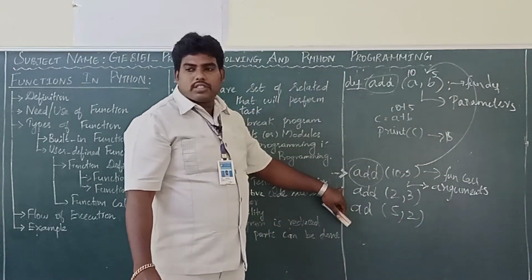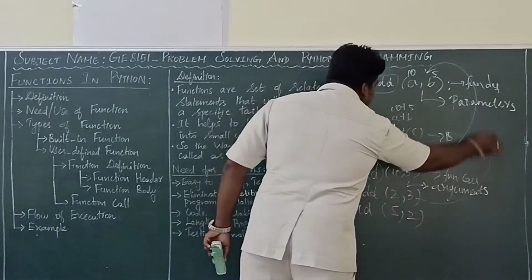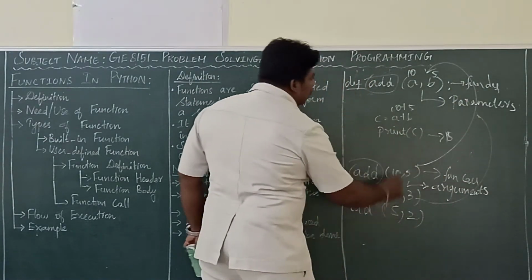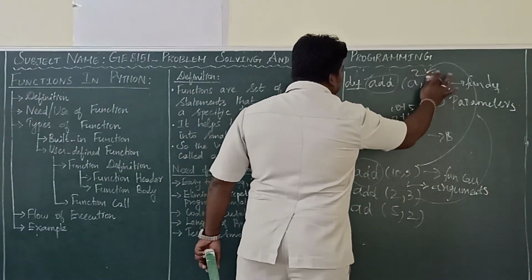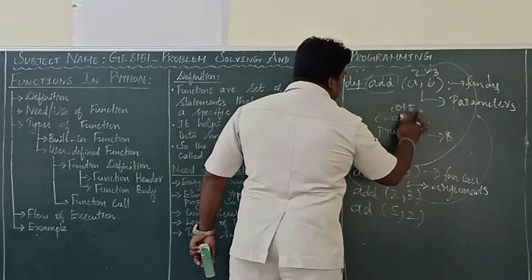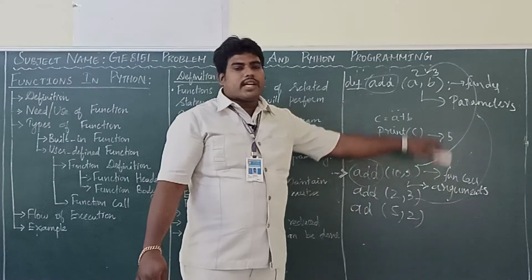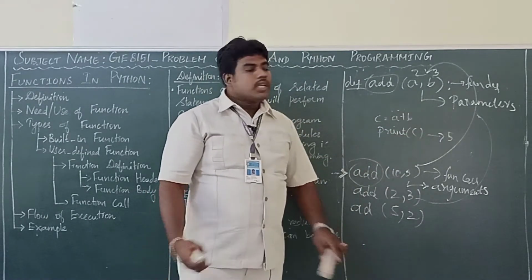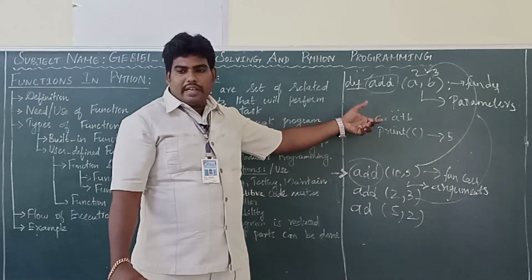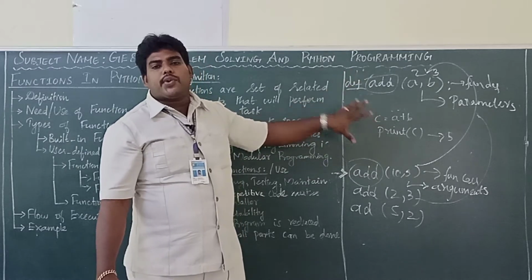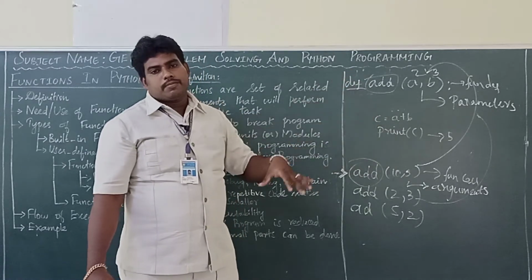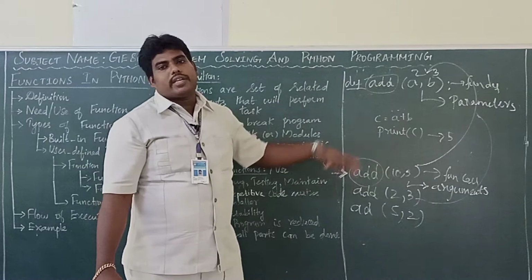Again this line will now be executed. What will happen? 2, 3. Your answer is 5. Again 5, 2. Your answer is 7. Instead of writing the 4 lines, I can write the function only one time.